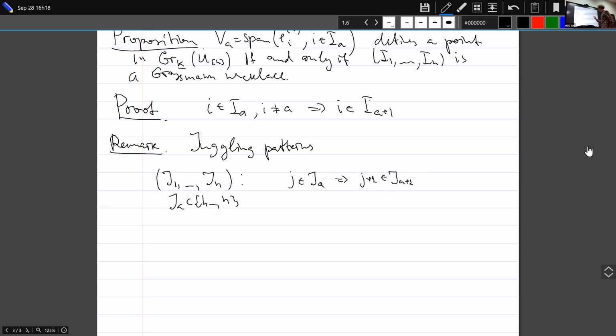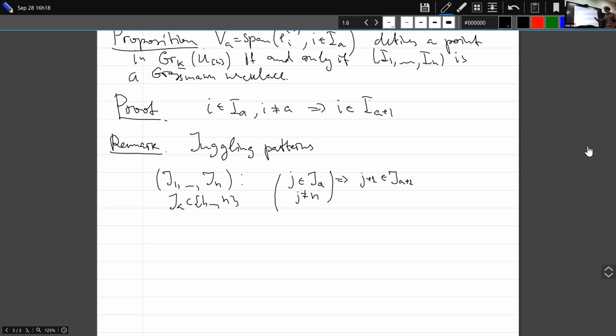I want to exclude n from J. Yes, and then J from J is not n. I think this is correct. But then if J minus 1, I think you should exclude 1.